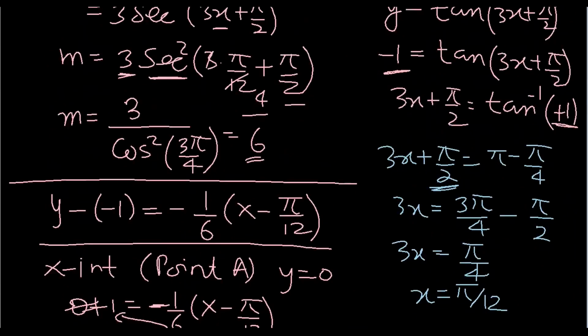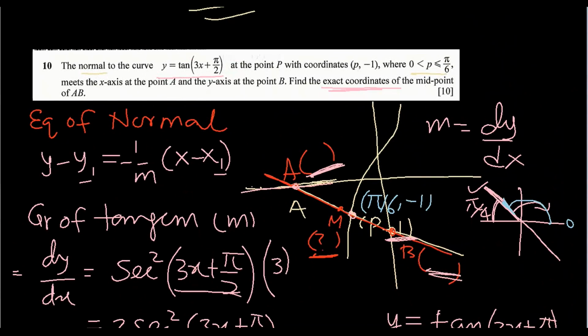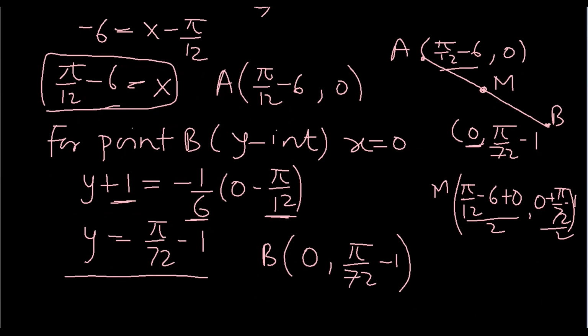Let's see. Find the exact coordinates. Okay, so no need to convert to decimal. Just divide by 2. Pi by 12 divided by 2 will be pi over 24 minus 6 divided by 2 is 3. This is the x coordinate, comma. Pi over 72 divided by 2 is pi over 144, minus 1 over 2. These are the coordinates of the midpoint.